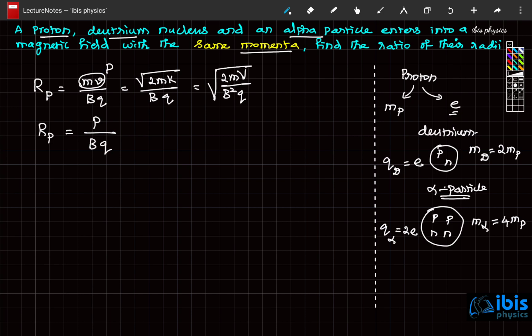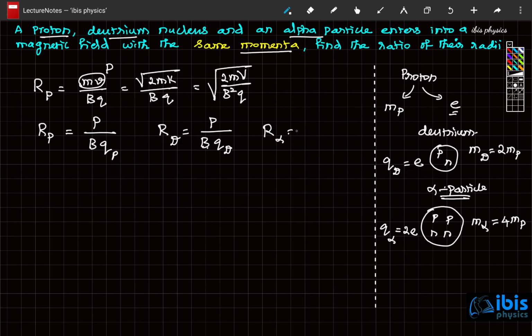Here all the charged particles have the same momenta, only the charges differ. So the radius of the proton is momentum of the proton by b times charge of the proton. The radius of the deuterium nucleus is momentum of the deuterium nucleus, which is also the same p, and the same magnetic field they are entering, into b into charge of the deuterium nucleus.